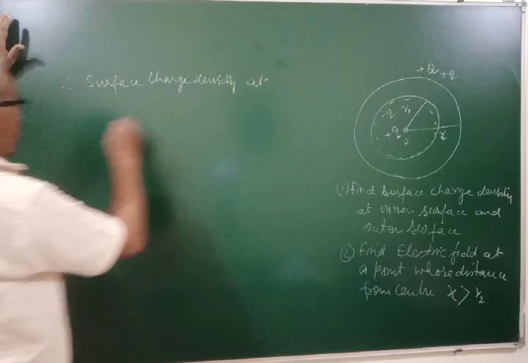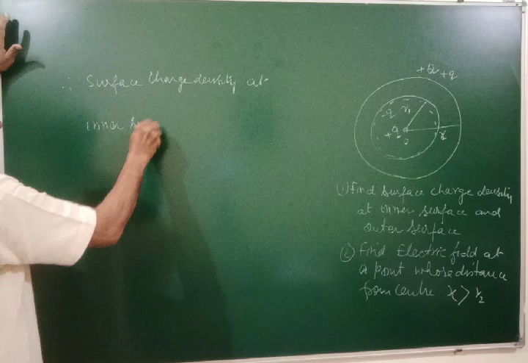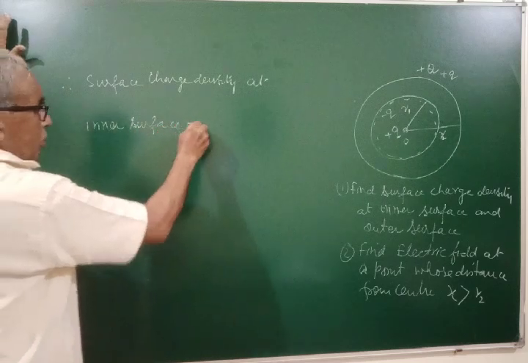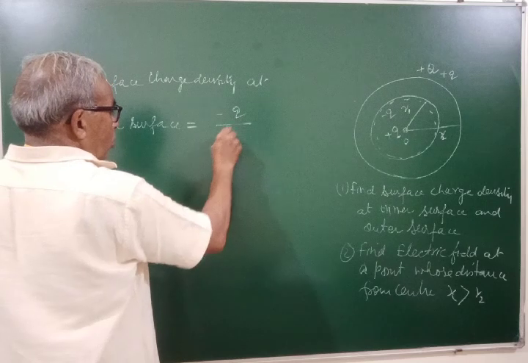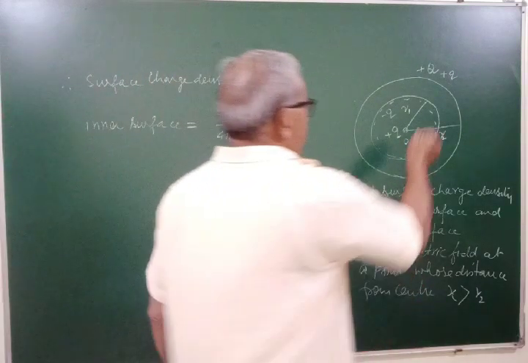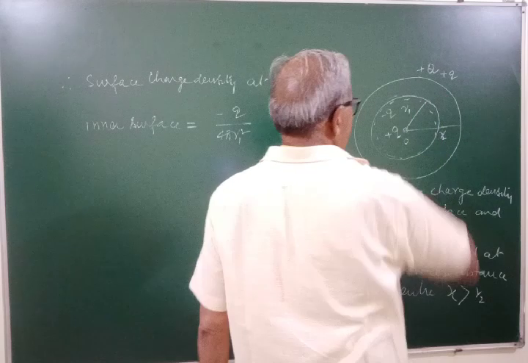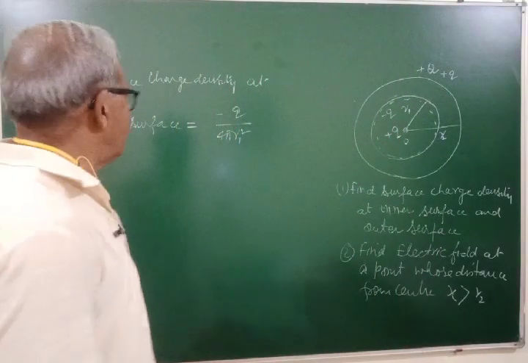And hence, the surface charge density at the inner surface is equal to minus q upon 4 pi R1 square, because the area of a sphere is 4 pi R square, so inner radius R1.